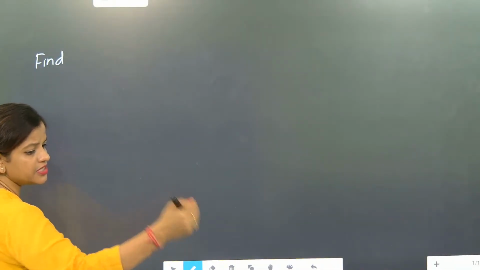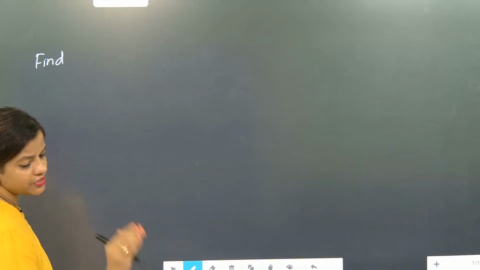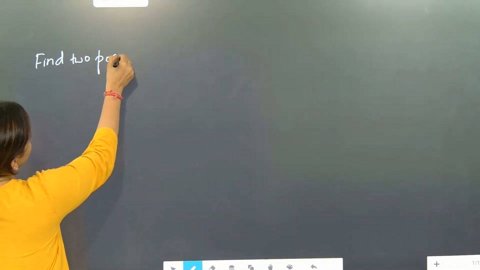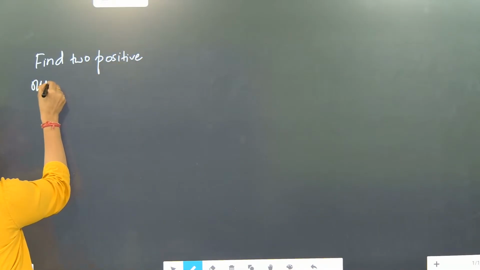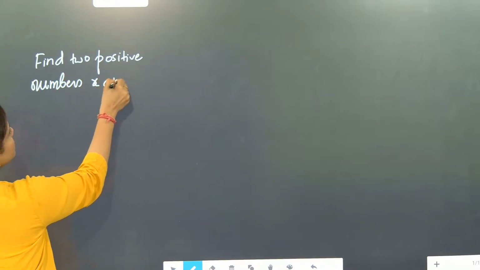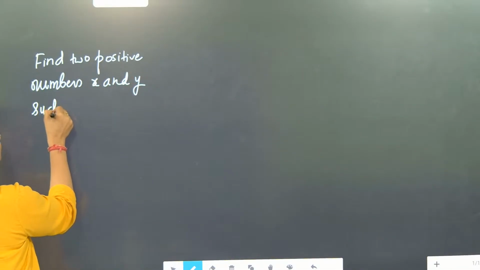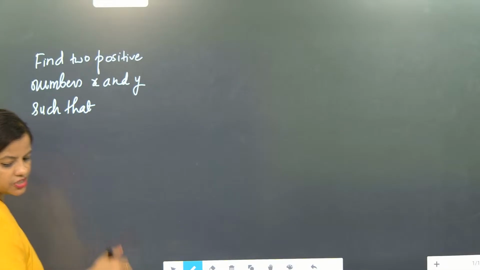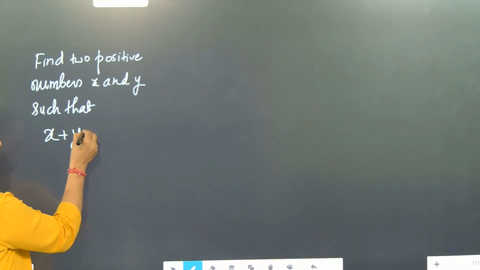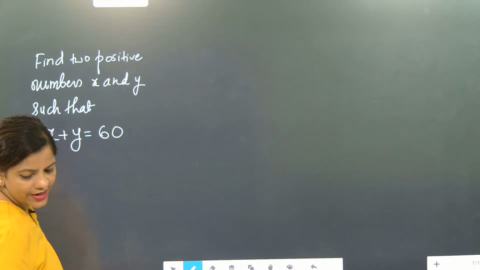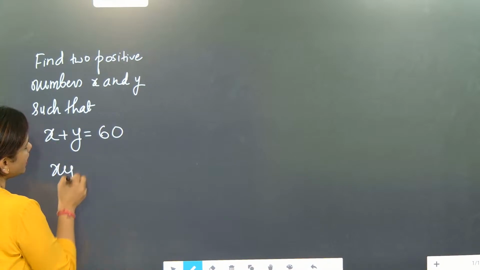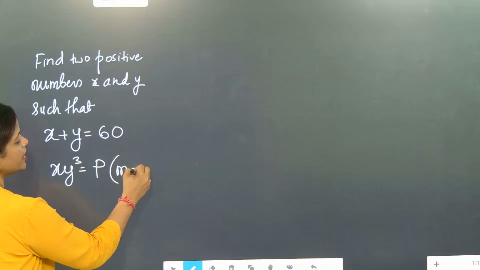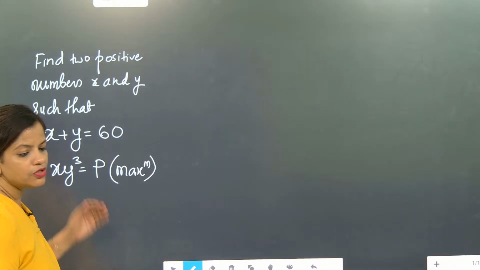Find two positive numbers x and y such that x plus y equals 60 and xy cube is maximum. Since they are asking for the maximum, we are going to assume it equal to P.